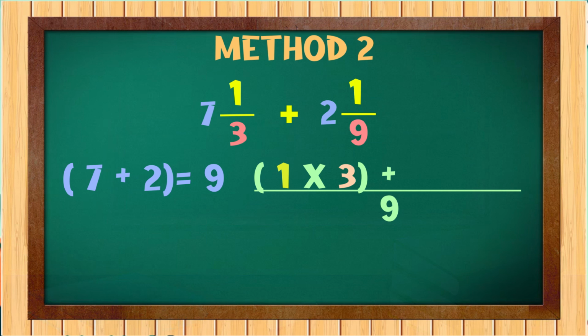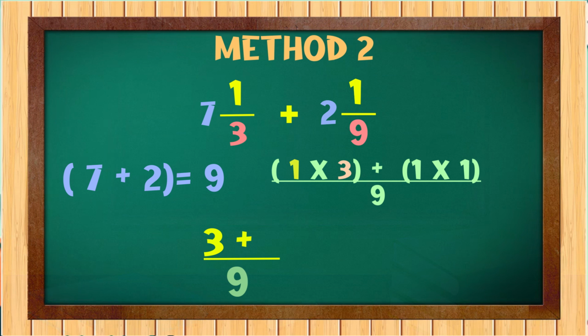Plus, you replace your plus sign and we go to the next fraction. 9 into 9, 1. So 1 is your answer. What is your numerator? 1. So we will multiply your numerator, which is 1, by your answer. 1 multiplied by 3 equals 3. 1 multiplied by 1 equals 1.